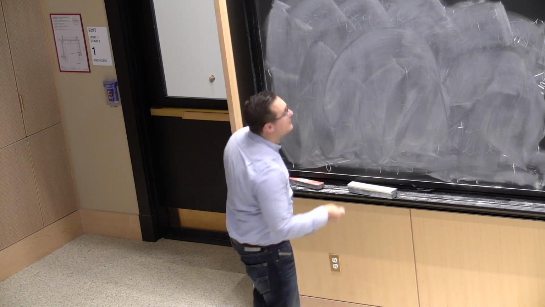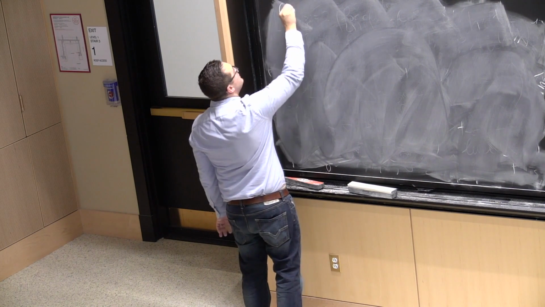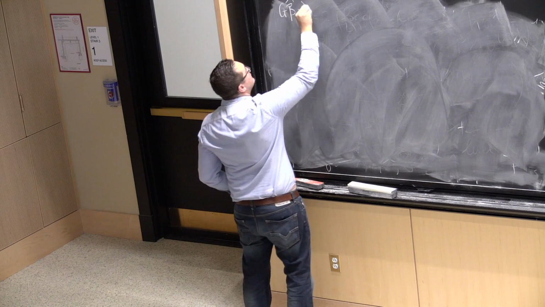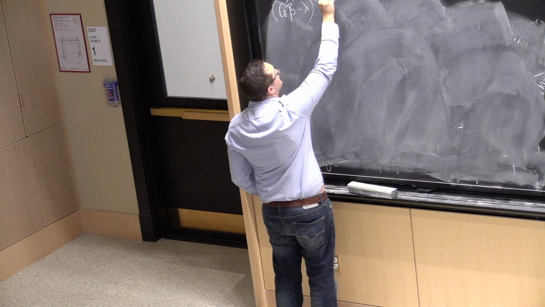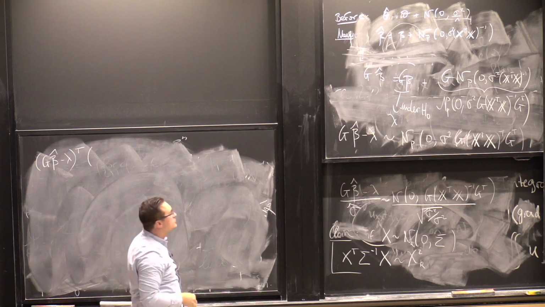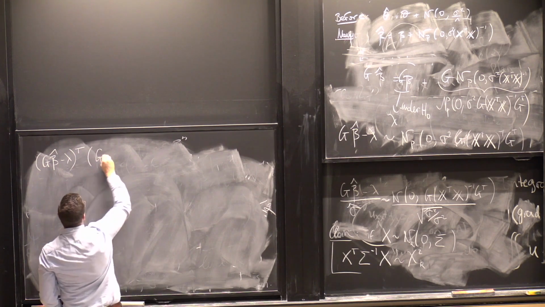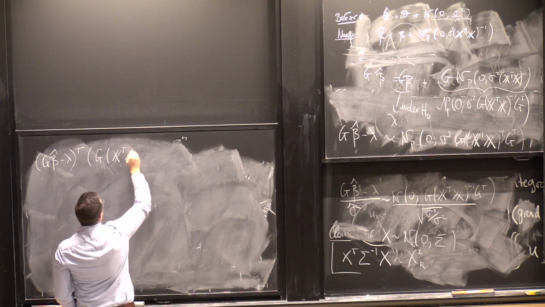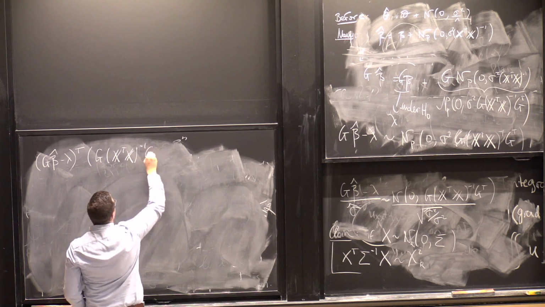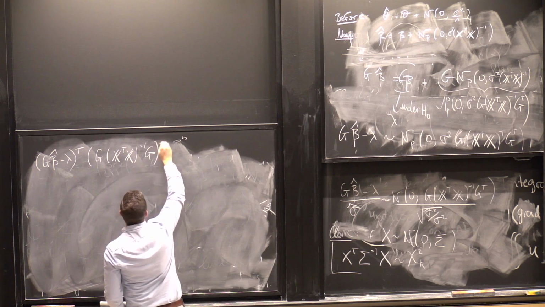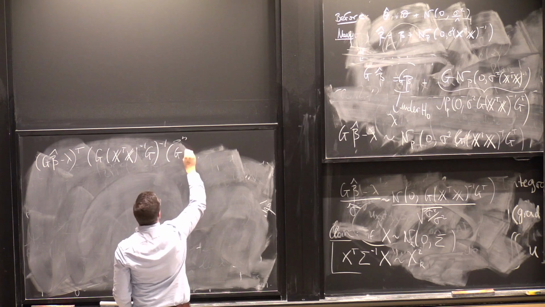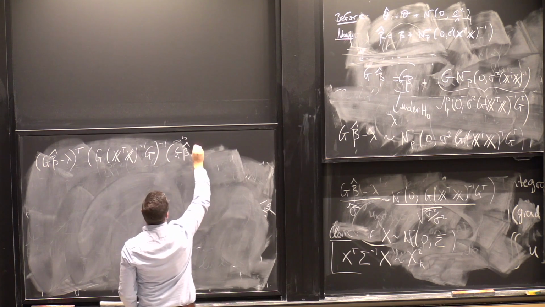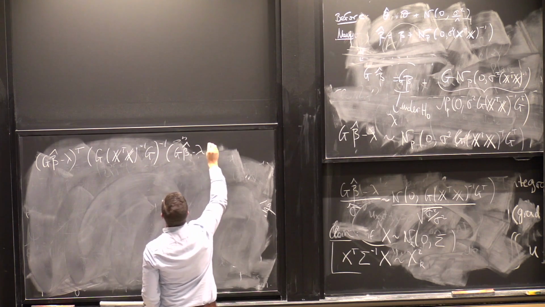And so the way I go from here is by saying, well, now if I look at G beta hat minus lambda transpose, and now I need to look at the inverse of the matrix over there. So it's G x transpose x inverse G inverse G beta hat minus lambda.